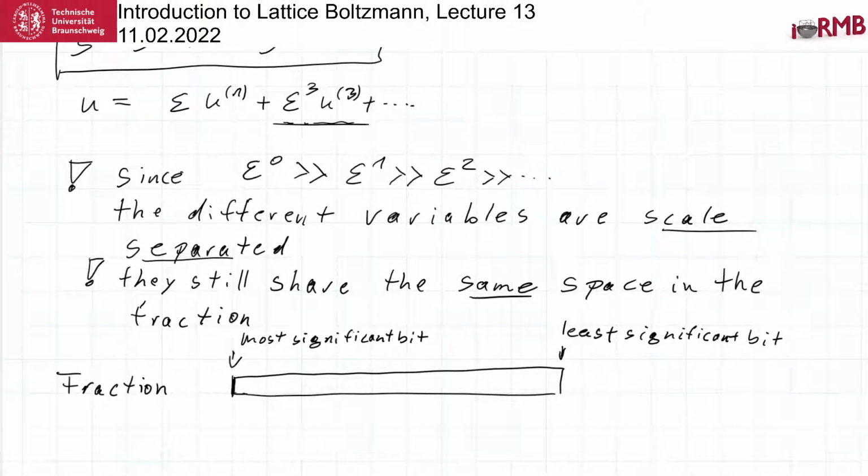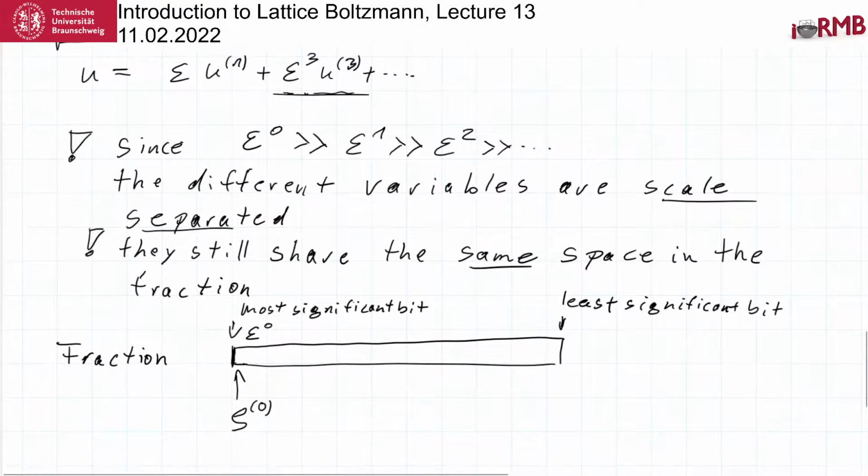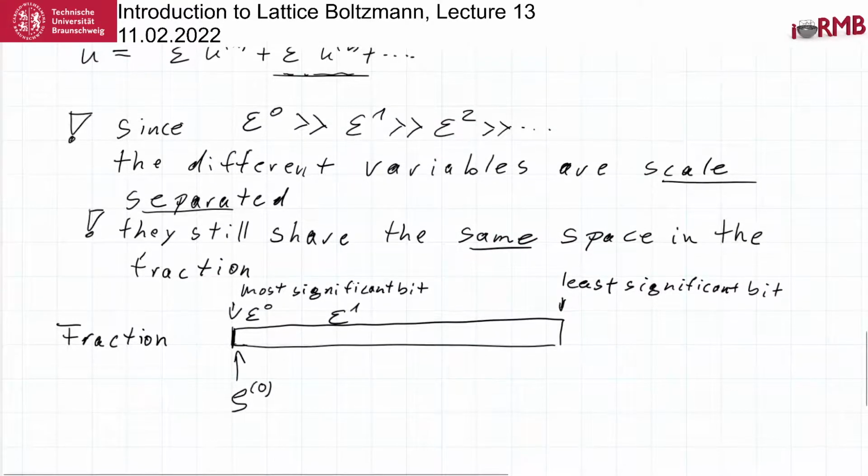So the largest variable has to be stored up here, and the largest variable would be something that comes with epsilon to the power 0, and we have only rho that does this, so rho starts here. So then say we have an epsilon to the first order, which is smaller, so this comes later here, and that would be u, basically u to the first order.